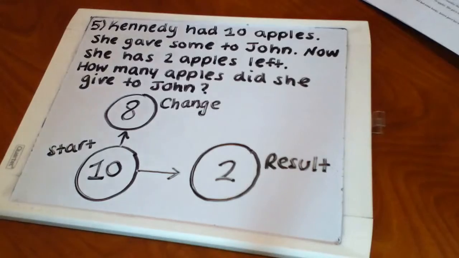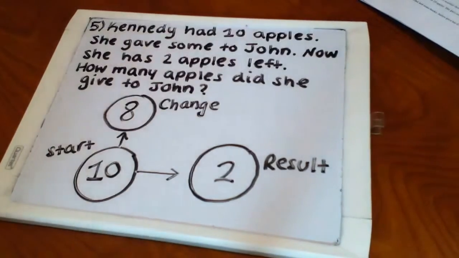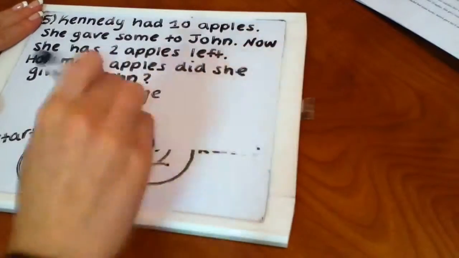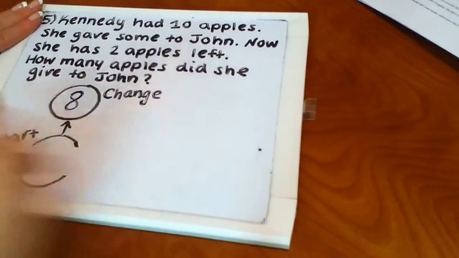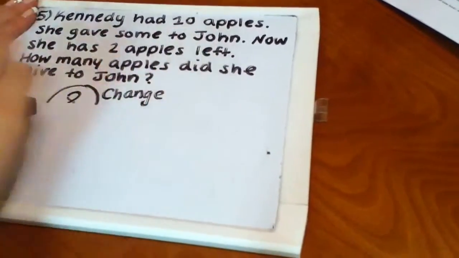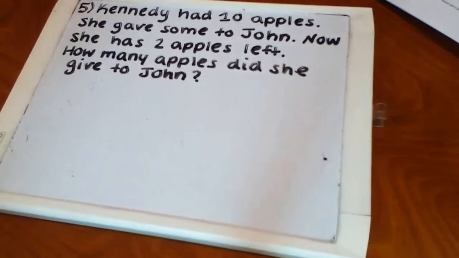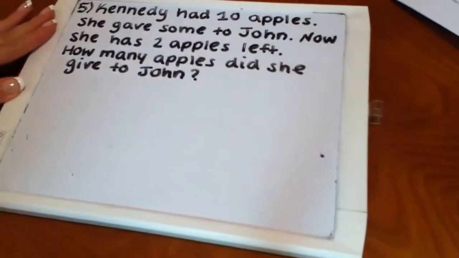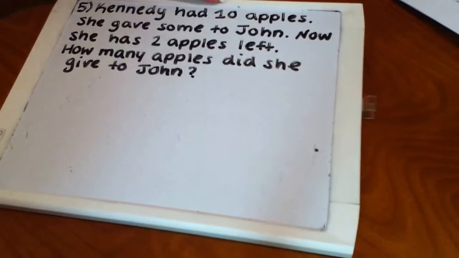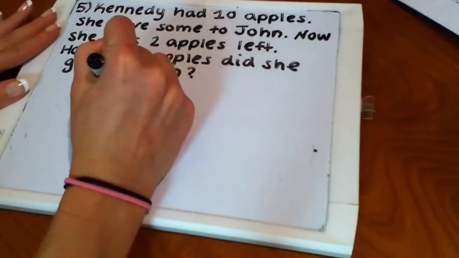Now, if we were going to demonstrate this in strips, we'll remove this first so we have room. And we'll start off with our whole, which is 10 apples. So we're going to draw a strip that represents 10 apples.